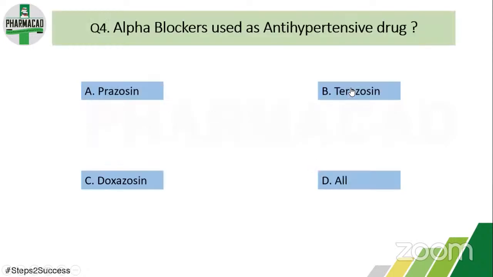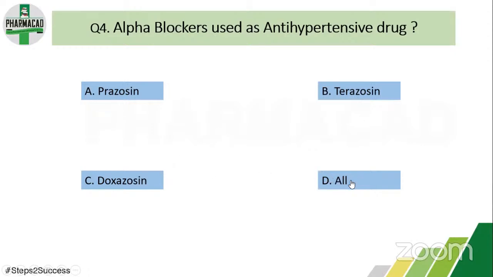Moving on with the next, alpha blockers which are used as antihypertensive drugs. Again, as I said, the majority of your MCQs will lie in the classification part itself. If you know your classification better, there would not be an issue in solving this type of question. In the classification, the alpha blockers had the zosin drugs: prazosin, terazosin, and doxazosin.